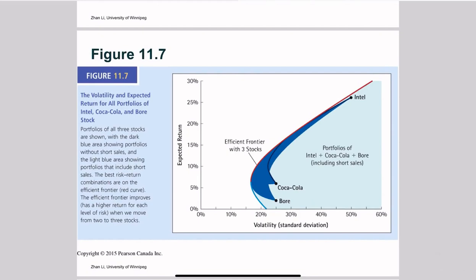So previously, the portfolio weight with 2 stocks is given by this black curve. Of course, now I'm marking it in a different color. And you can see that the efficient frontier with 3 stocks is better, right?